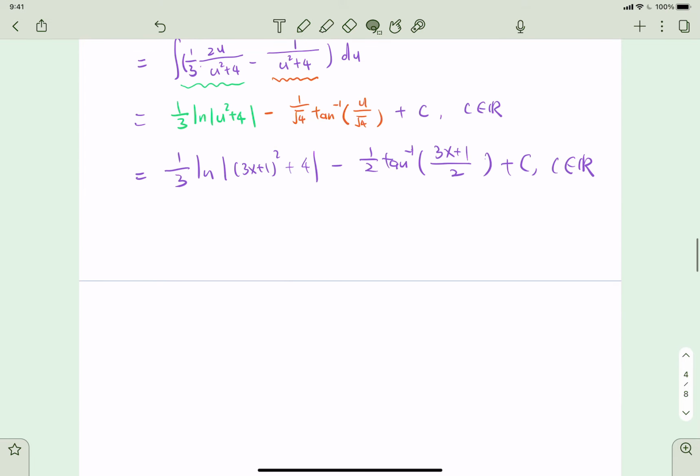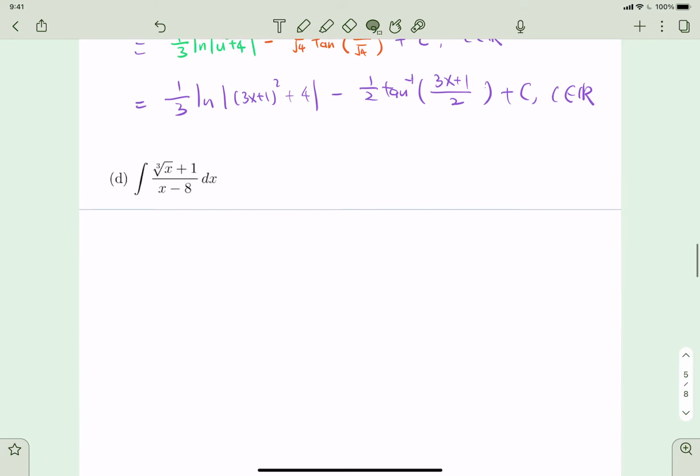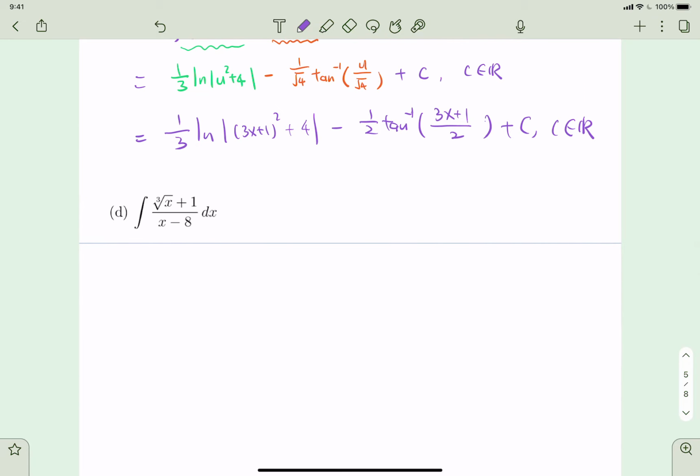So now move on to question 4. Here we have this cube root that is ugly, and we're gonna change that. So we'll let u equal to this ugly stuff, and we're gonna make it equal to the cube, and we're gonna find dx, right? dx is equal to 3u squared du, okay?